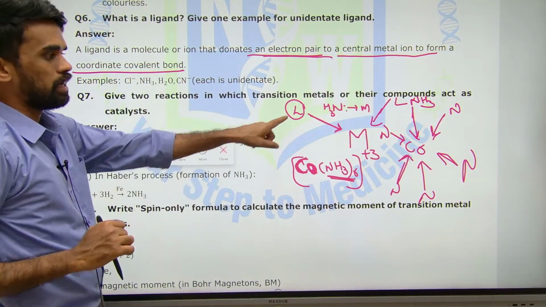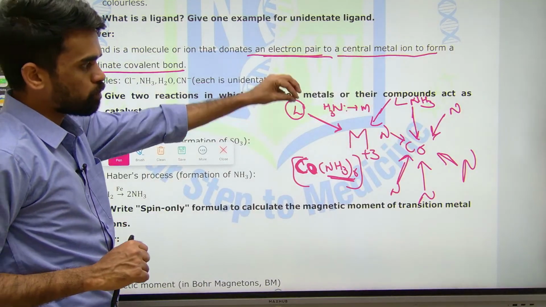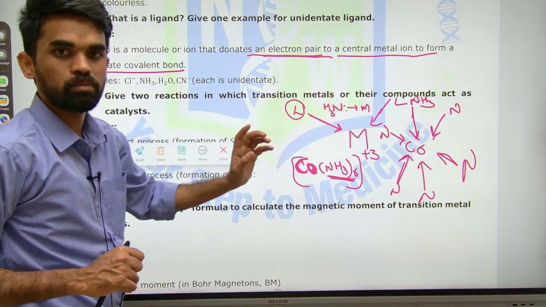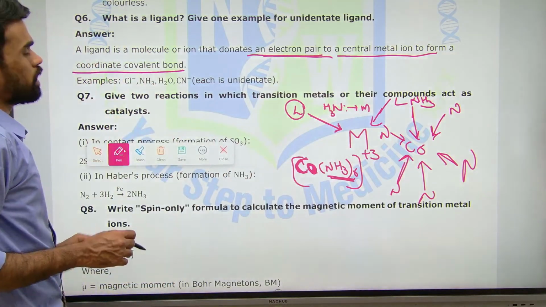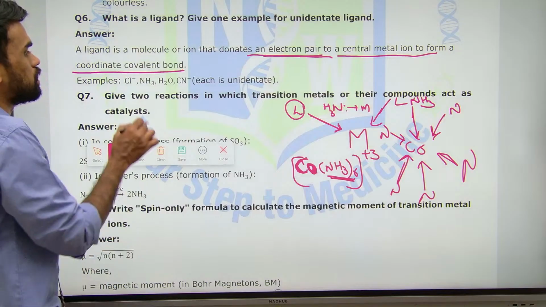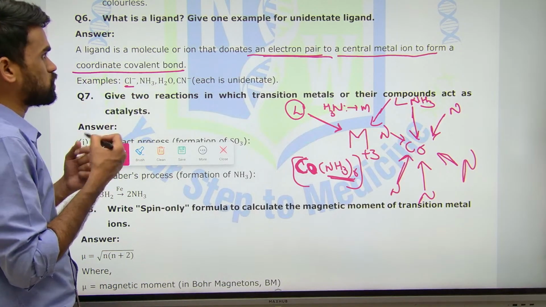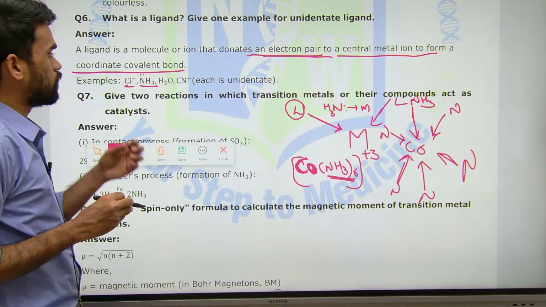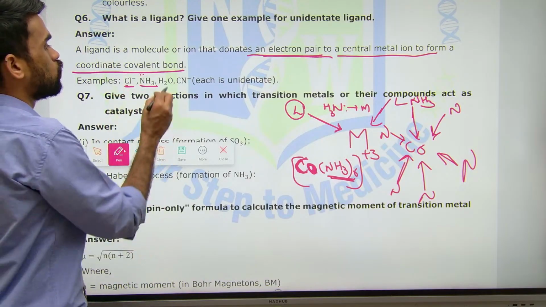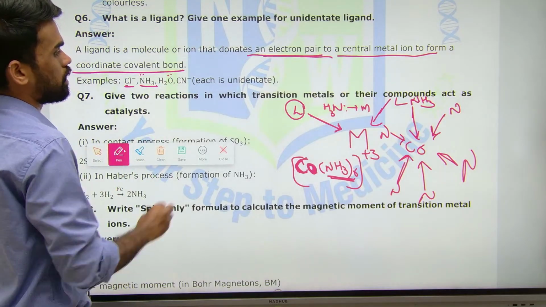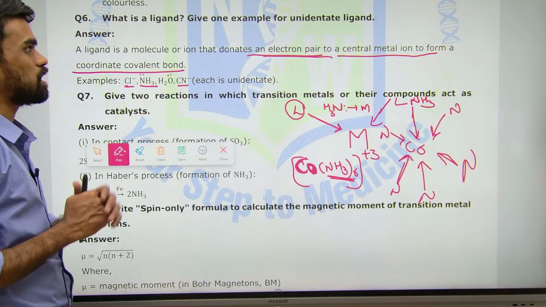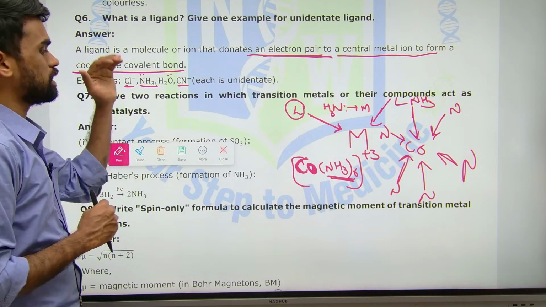Examples of unidentate ligands are chloride ion, a negatively charged ligand; ammonia, a neutral monodentate ligand; water, also a monodentate neutral ligand; and cyanide ion, also a unidentate ligand. These are some examples for unidentate ligands and the definition of ligands.